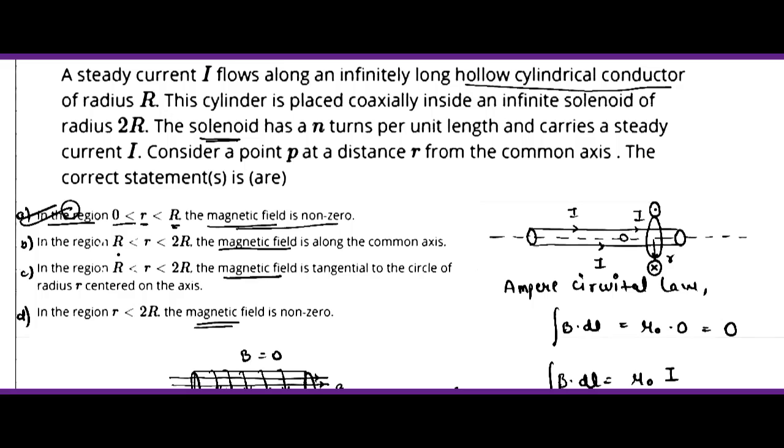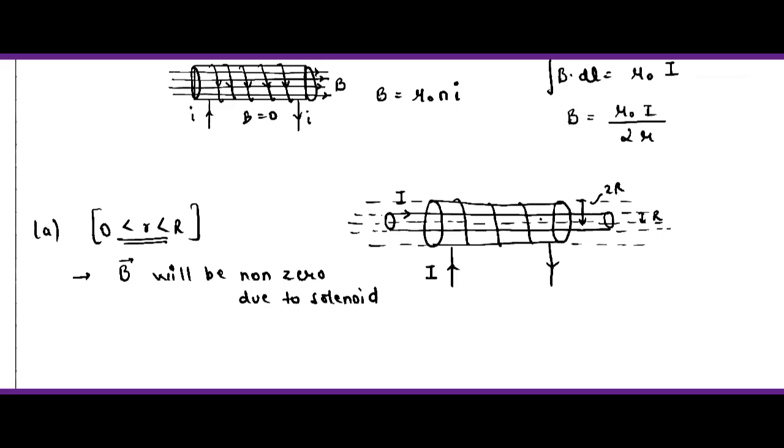In statement B we have, in the region from small r, capital R to 2R, the magnetic field is along the common axis. Now see, for this part we have this point.